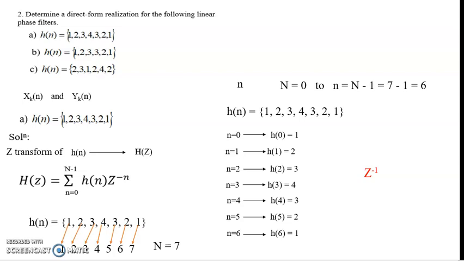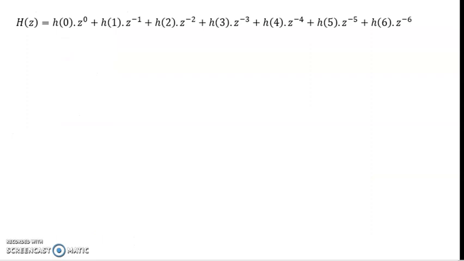z inverse to the power n is nothing but the number of delay units. Okay, let's transform h of n to H of z. Substitute the values of h of n here. So now we got the transfer function H of z, and we can find the function of X of z and Y of z as H of z.